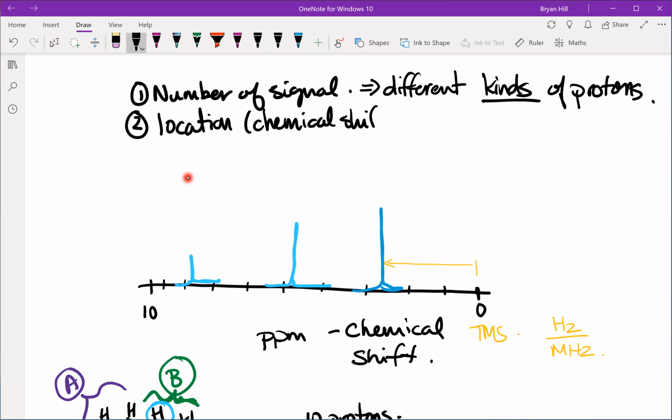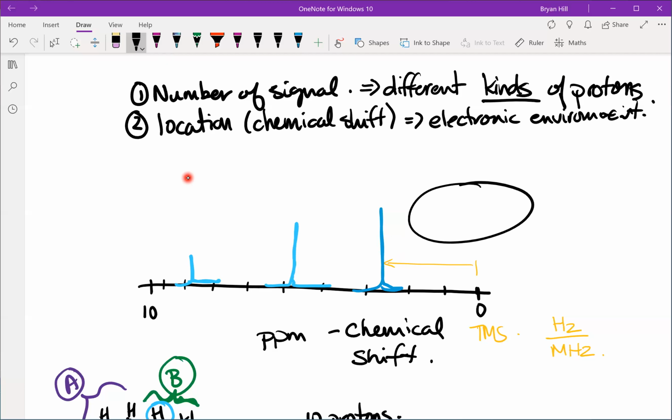This is going to tell us the electronic environment: is it in an area of shielding, or in an area of deshielding? And we had the correlation table, which gives us a hint of where things tend to be. So we'll use our correlation tables to talk about that.